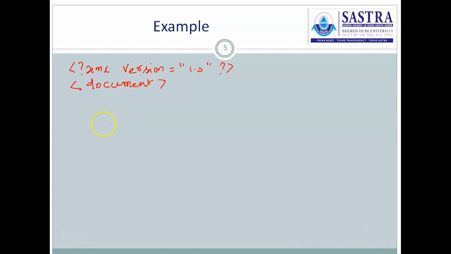and then here I am writing XSLT is a language for transformation. And then close the document.